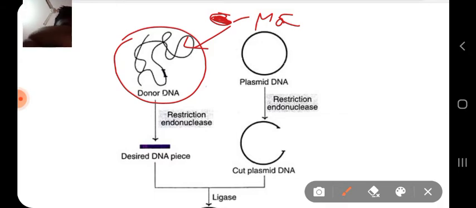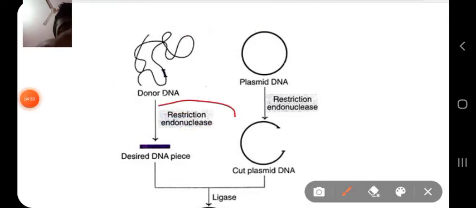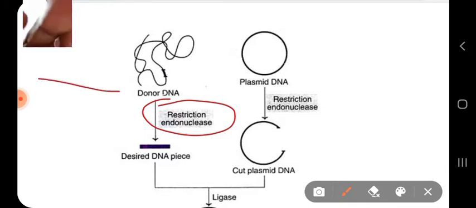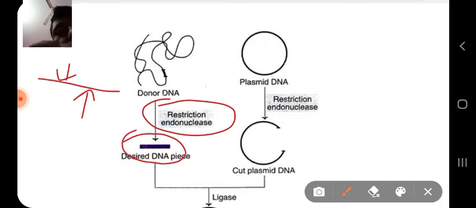Then we cleave the DNA, we cut the DNA to get our specific DNA of interest by using restriction enzymes called restriction endonuclease enzymes. Restriction endonuclease enzymes, you will see in detail later on, identify a specific sequence in the DNA and cut that sequence. Thus, we get our desired DNA piece that we want to insert.